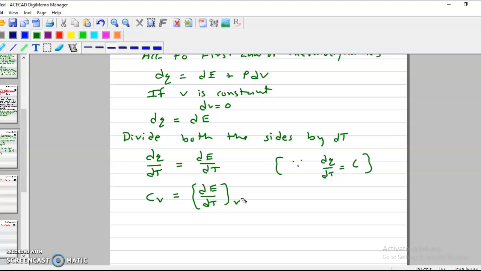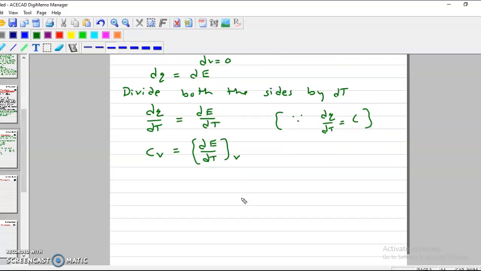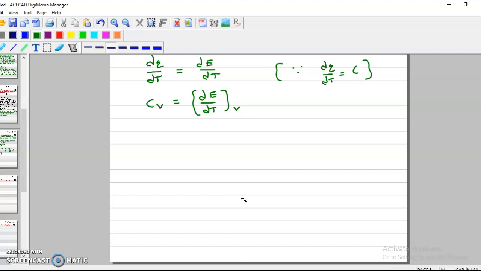Once again we can derive this equation another way. Suppose we take E or U, which is internal energy, as a function of temperature and volume. Because if you change temperature, there will be a change in internal energy.